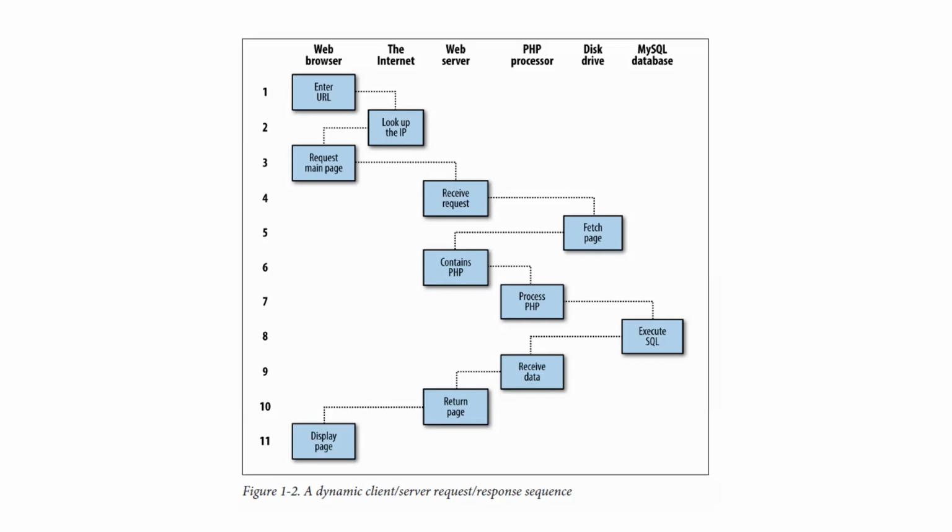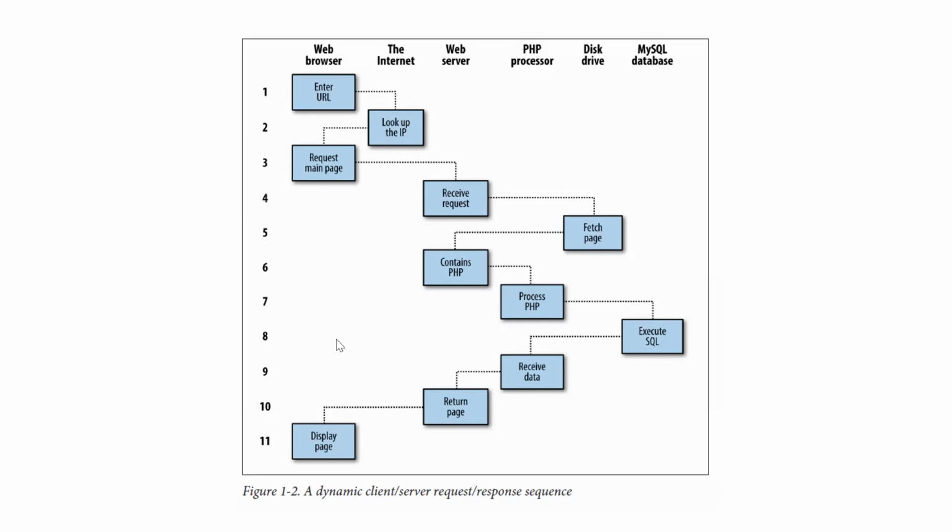So this is how, when you request a dynamic web page from the browser, it accesses the PHP processor to process the PHP statements, then accesses the database and gets the results back.